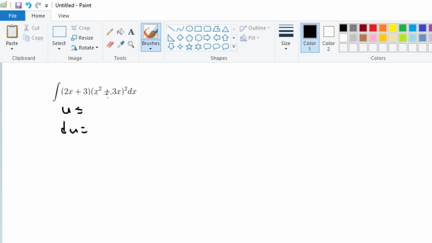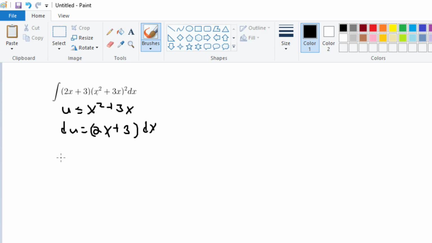What about the next one? x squared plus 3x, derivative of that is 2x plus 3, which is that, so we know we got our u. So our u is x squared plus 3x, and the derivative is 2x plus 3, and we took the derivative with respect to x, so dx.